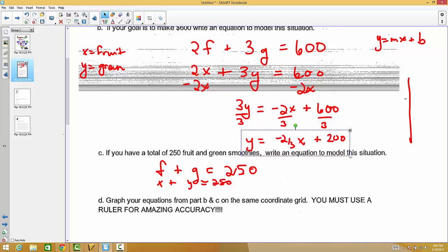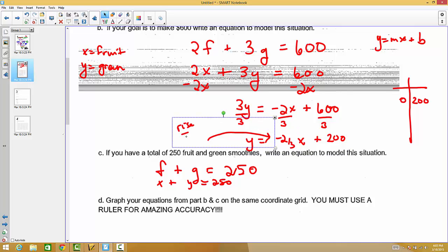So if you're going to make a table of that, you would have 0 giving you 200. And then this negative 2/3 is your rise over your run. So that means you go over 3, down 2.